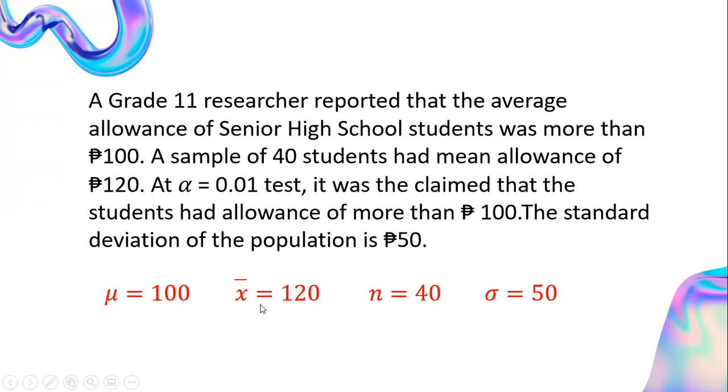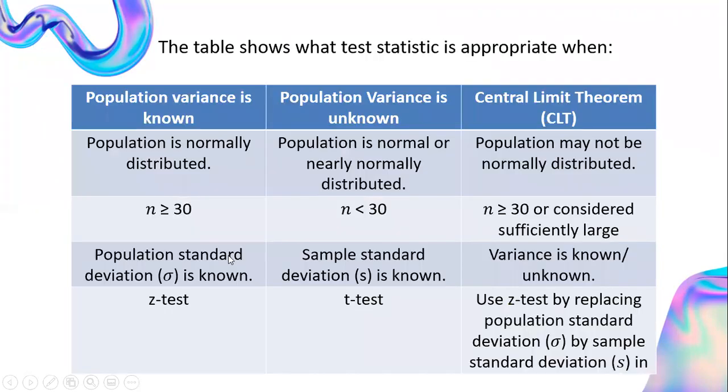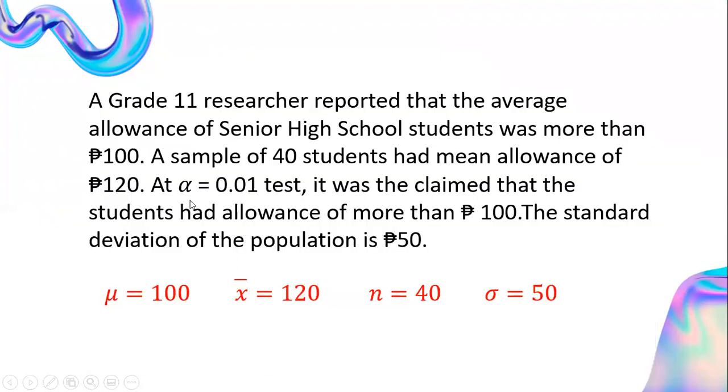So the sample mean is 120. Alpha, or the level of significance, is 0.01, and the claim is that the students had an allowance of more than 100 pesos. The standard deviation of the population is 50 pesos. So in symbols, we have this. Kiniklaim yung 100 po, that's the claim only. Okay? That it will be more than 100 pesos.